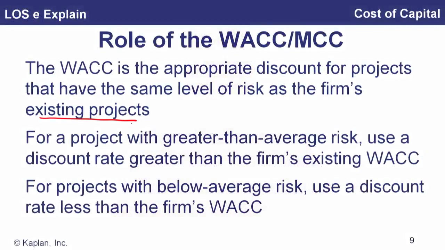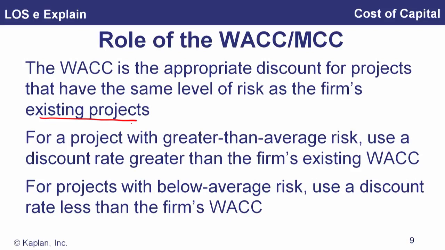So for the average project, that's fine, the average risk project. But say we're looking at a project that has greater than average risk, one of these expansion projects that we think has more risk, more uncertainty than the cash flows from our current projects. Well, in this case, we'd like to use a discount rate that's greater than the firm's existing WACC because the project has greater risk.